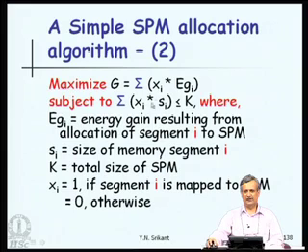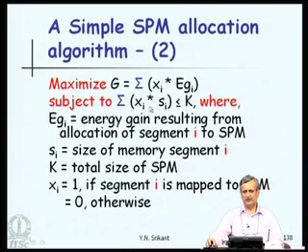Let us look at the various symbols now. Eg is the energy gain resulting from allocation of segment i to the scratch pad memory. Si is the size of the memory segment i. xi is the optimization variable: 1 if segment i is mapped to the SPM, 0 otherwise.